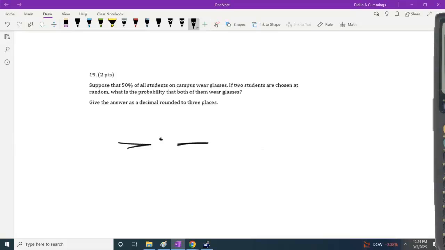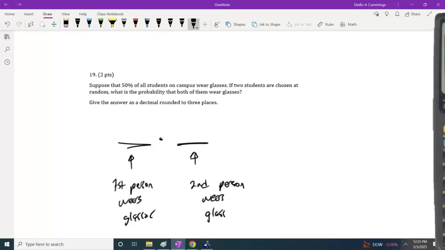Since we have 2 events, I'm going to map out 2 outcomes. The first outcome is the probability that the first person wears glasses. And the second blank is the probability that the second person wears glasses.